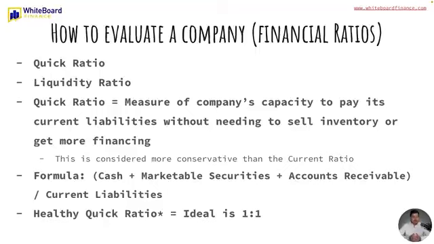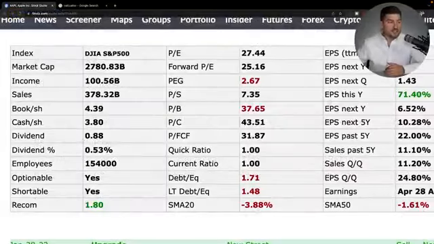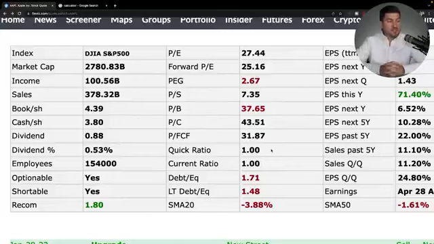This is considered more conservative than the current ratio, which we just solved for.